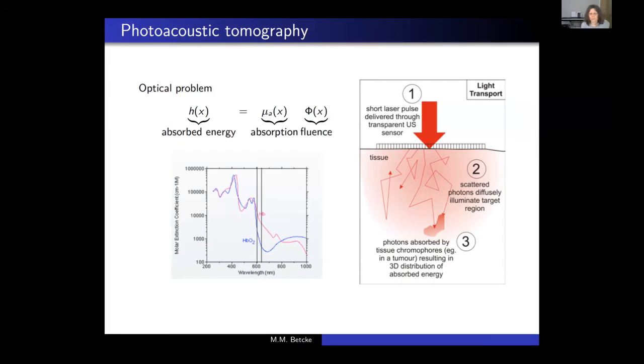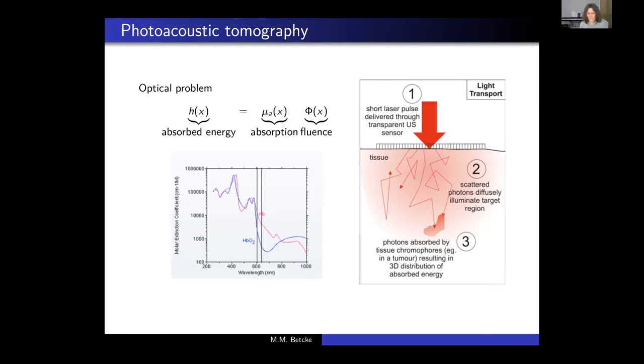So in photoacoustics, we have a very nice combination of optical contrast and acoustic or ultrasound resolution, and this is achieved by means of nature, really, because we use the so-called photoacoustic effect. We illuminate the tissue with a short pulse of light in the near-infrared spectrum.